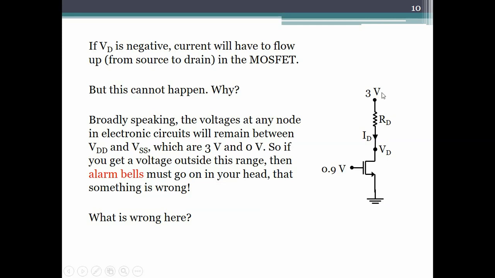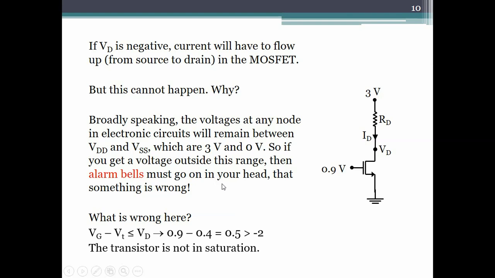But the reason it is good to remember this rule is that as soon as you encounter a voltage outside this range, alarm bells must go on in your head. You must stop and say, oh no, something is wrong. This answer is not correct. Minus 2 is not correct. So please remember that, and then you will be safe.